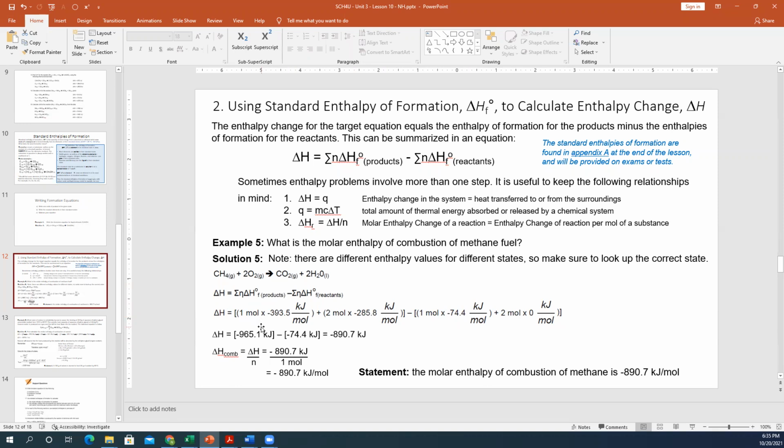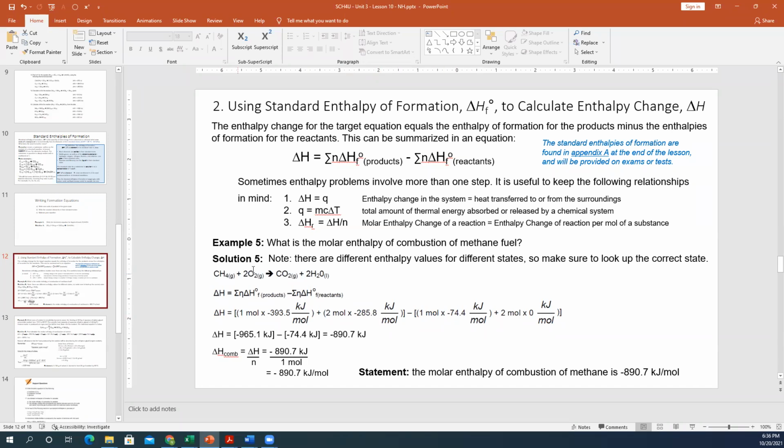Our first product is 1 mole of CO2, minus 395.5 kilojoules, plus 2 moles, 2 times 285.8 kilojoules per mole, minus now our reactants.